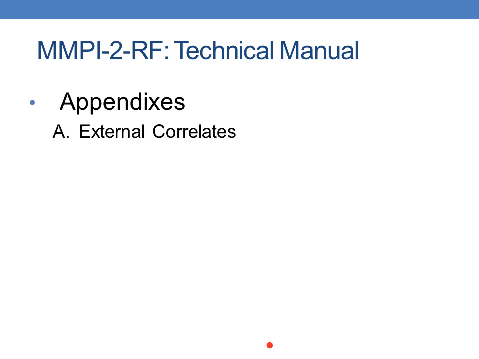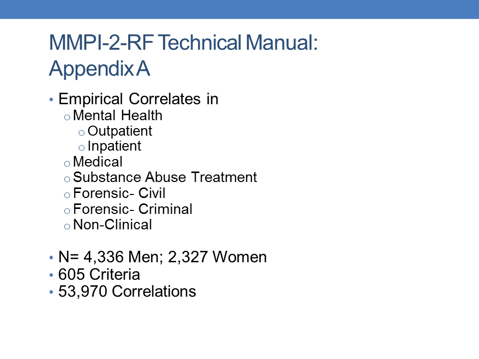The book is primarily appendices. I think appendices probably make up at least 3/4 of that thick technical manual, and most of them focus on external correlates. So there were lots of correlations, almost 54,000 correlations that were calculated around these 6,000 people and these 605 criteria in all of these different types of settings.